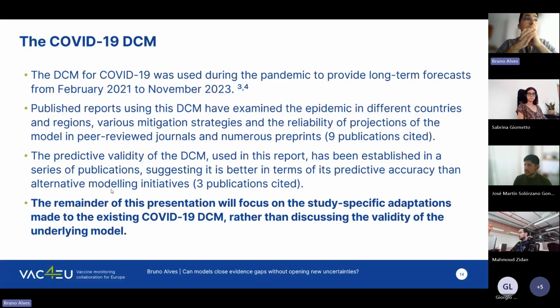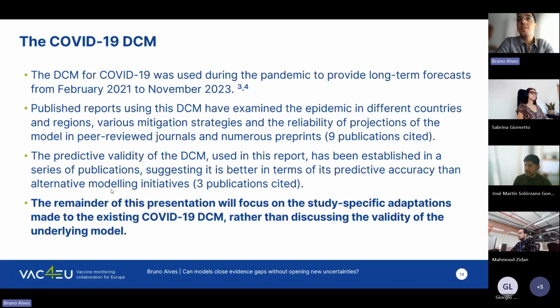Regarding this specific DCM, it was used during the pandemic to provide long-term forecasts with data from 2021 to November 2023. So there are a lot of publications regarding the uses that this DCM had during the pandemic.